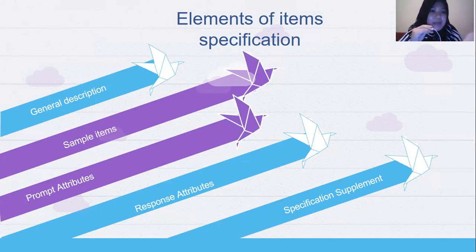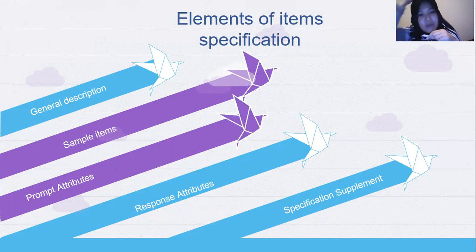And then the third element is prompt attributes. As I said before, the prompt is a very important element of item specification, where the examiner has to give clear descriptions related to the material they have to do in that text, and what they are expected to reach in the items.